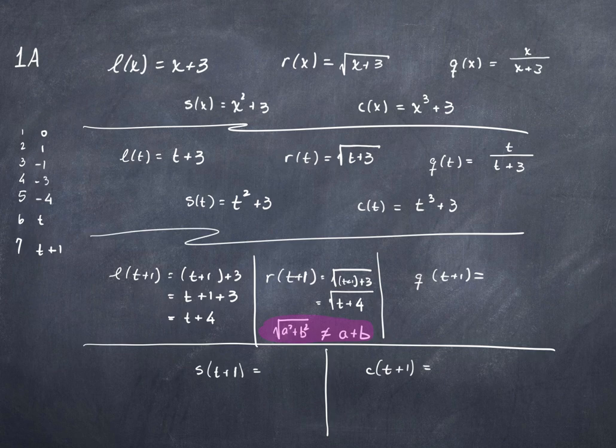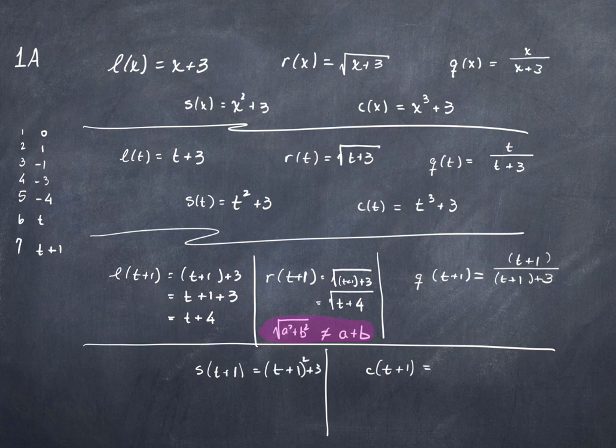The next one is q of t plus 1. Well, my function q is x over x plus 3. So where I had an x, I'm going to replace it with t plus 1. S of t plus 1 is, let's see, s of x is x squared plus 3, so this is going to be x squared plus 3, but x is being replaced with t plus 1.